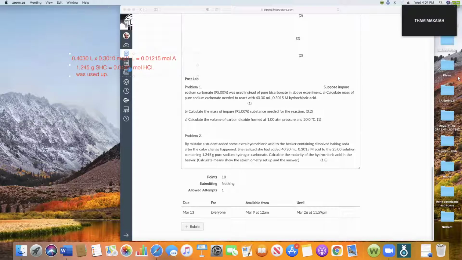But it changed color, so it had to have been more. I thought I did the right calculation and it should have been more.